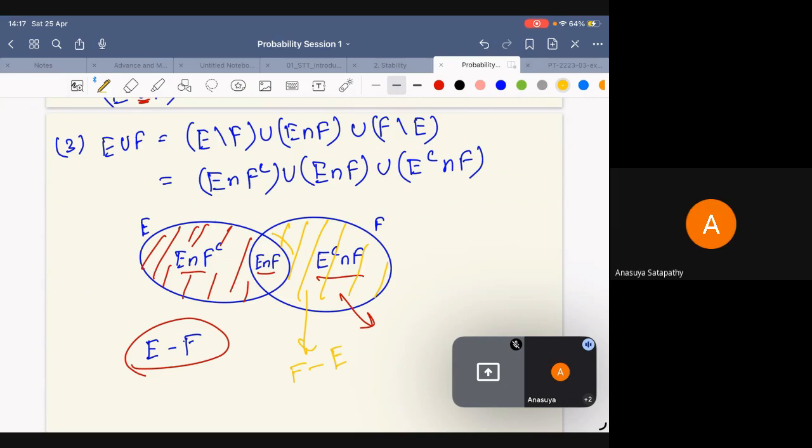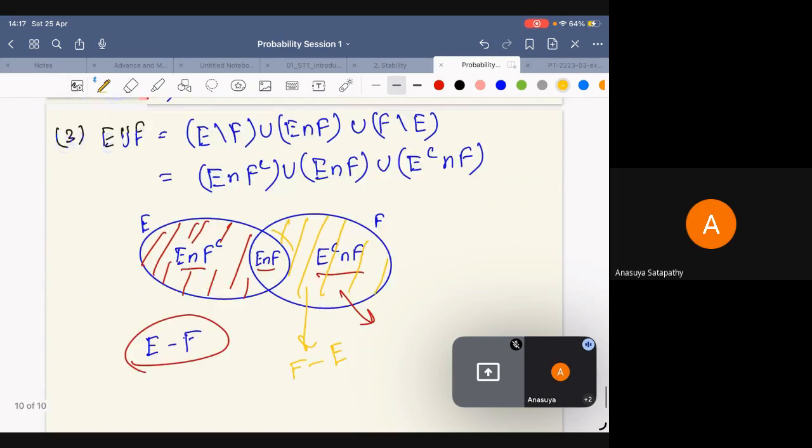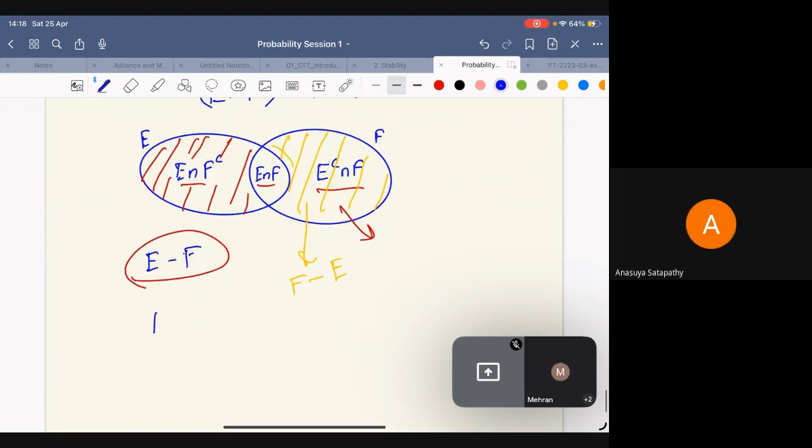There are many ways to write it; I just showed you one representation. You can also write E union (F minus E). Also, you can write F union (E minus F). It's the same.